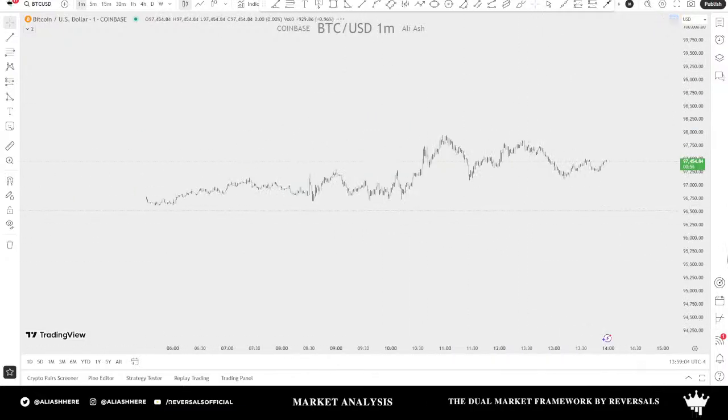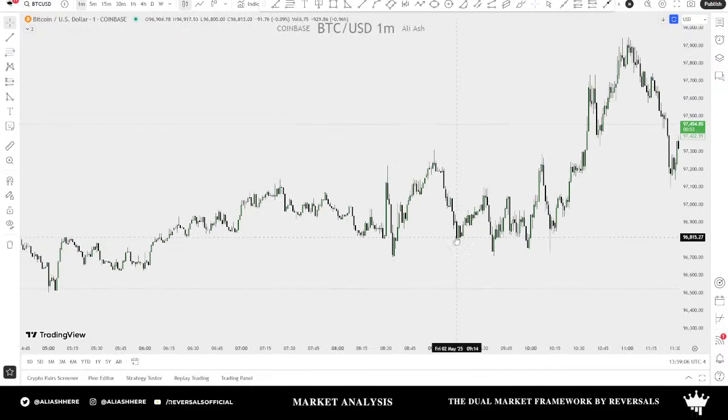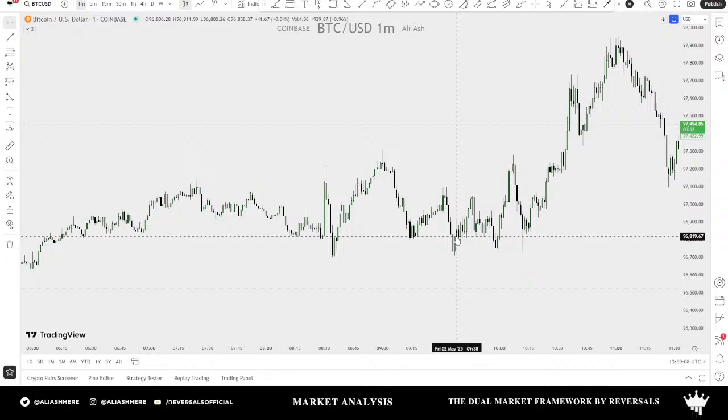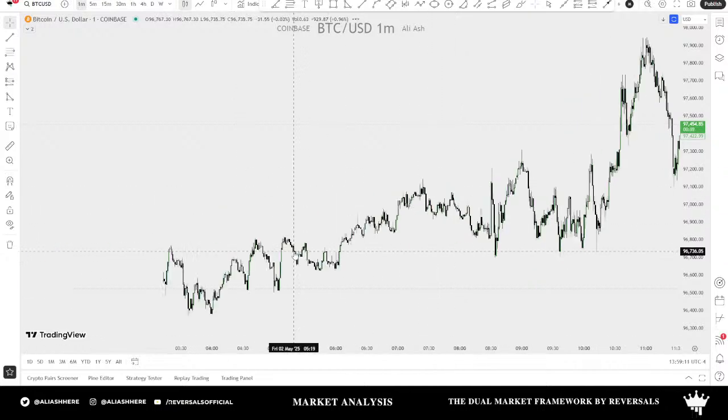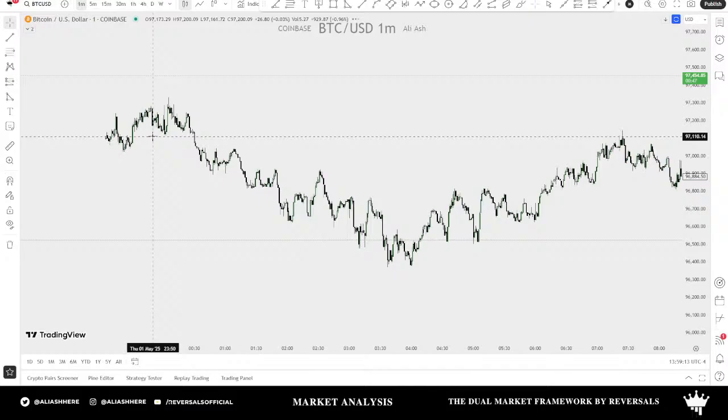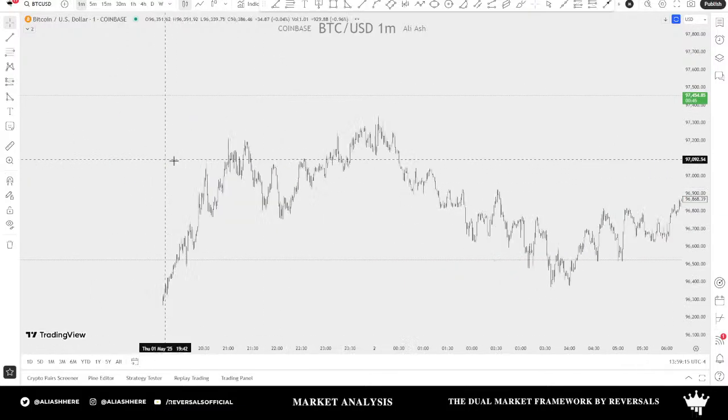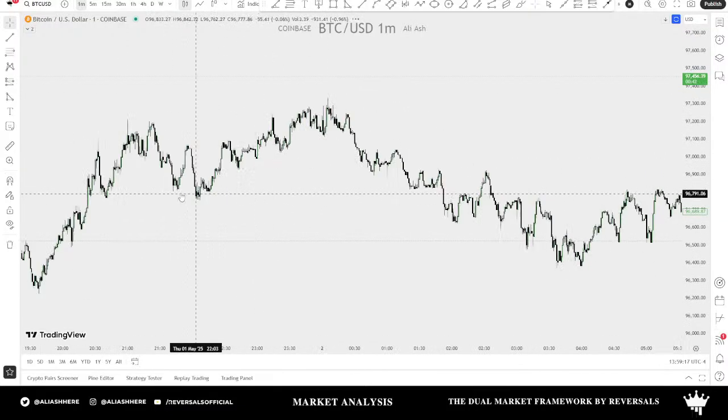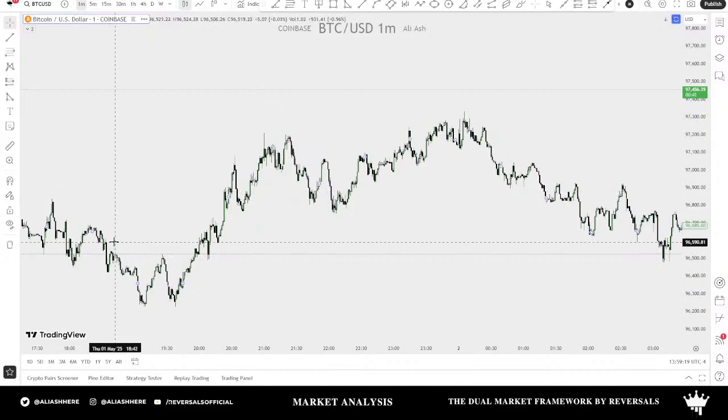Here we go, we have a 1 minute chart. Let me find some pennant here. And spotting the pennant is very important. This cannot be a pennant.